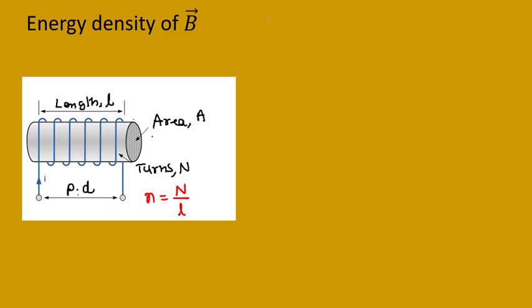Now we know that the energy stored in an inductor, in this case we will call it UB, is given by half L i squared, where L is the inductance and i is the current. We know self-inductance of a solenoid is given by mu naught n squared times cross-section area times length.